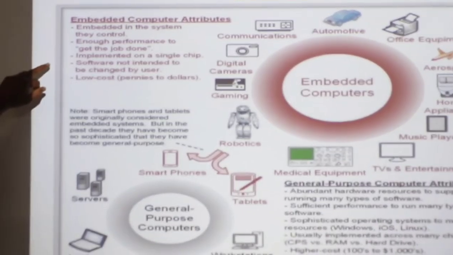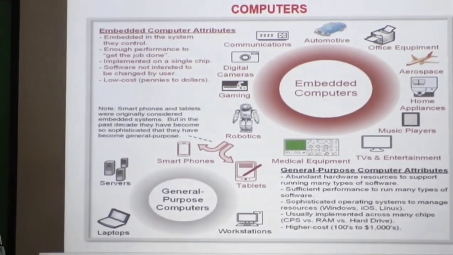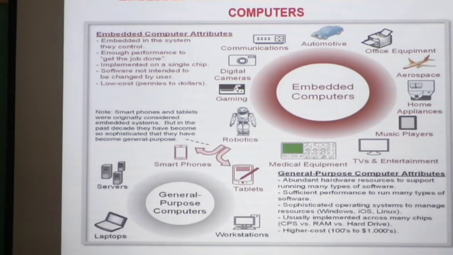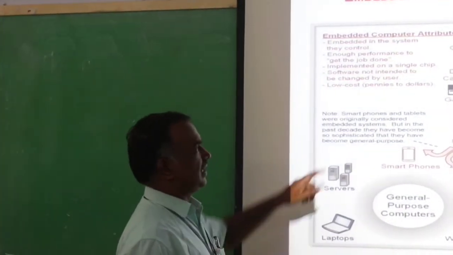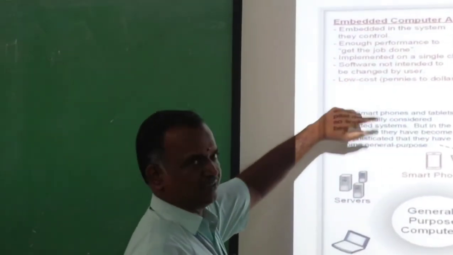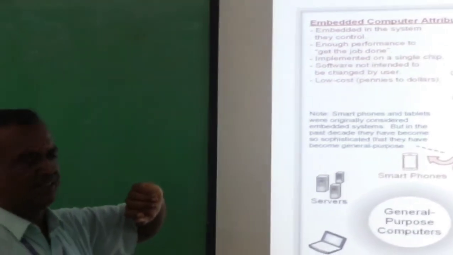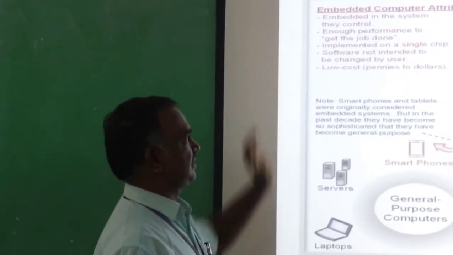The embedded computer system has only application oriented software, and it will be implemented on a single chip only. The software is not going to be changed by the user, that is, the user cannot change the software. The cost of the system is also very low.